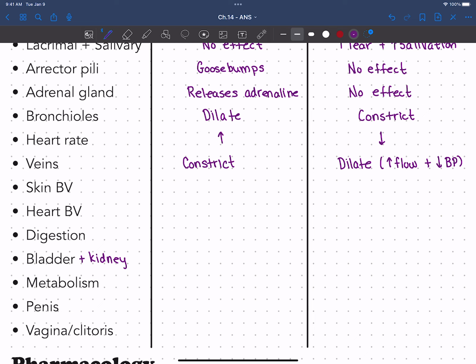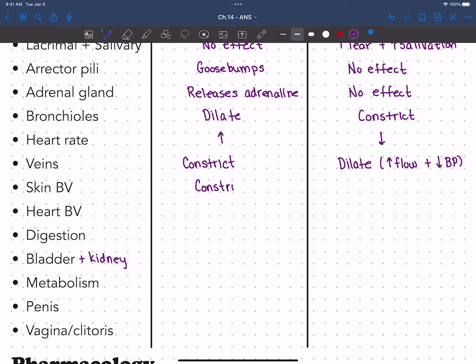Okay, and we have blood vessels distinctly in the skin versus the heart, right? And they're going to be kind of two different scenarios. And so in the skin, during a fight or flight situation with the sympathetic nervous system, blood vessels would tend to constrict.